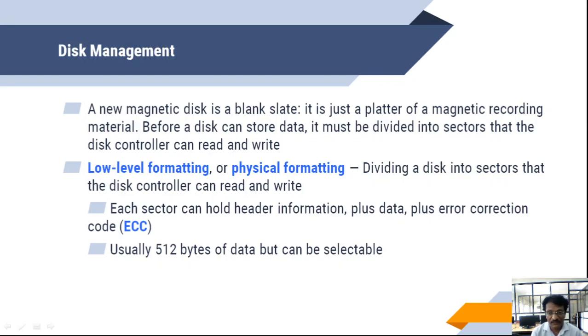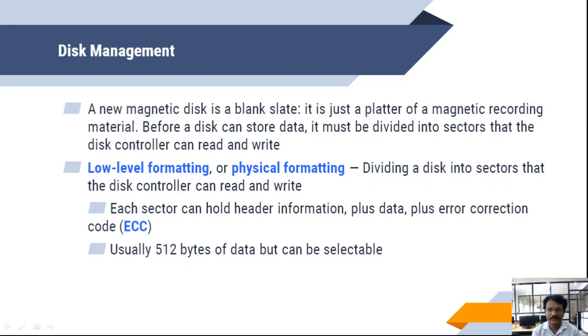The data structure for a sector typically consists of a header, a data area in which data is actually stored, usually 512 bytes in size, and a trailer.